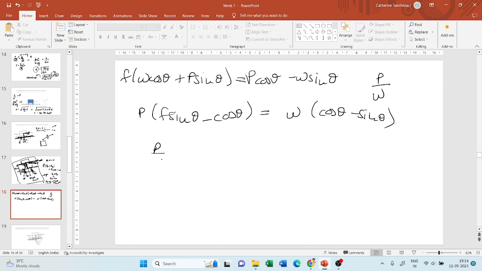So P by W is equal to cos theta minus sin theta, sorry, this is F cos theta. So F cos theta minus sin theta by F sin theta minus cos theta.